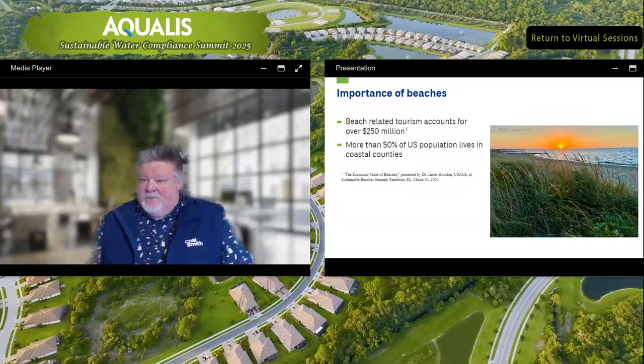He just updated this number for a 2024 report that was submitted as a journal article in Shore and Beach. That $250 million is still in line with current understanding, but those were through the COVID years. The expectation is those numbers will probably increase when we get back to a more regular usage of the beach.